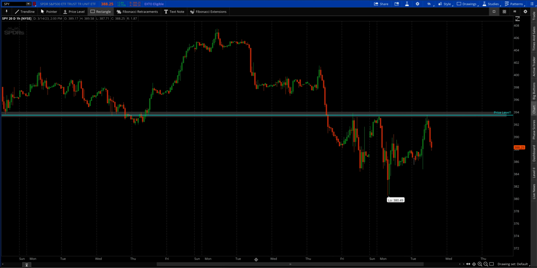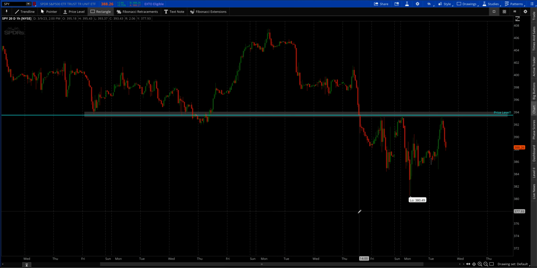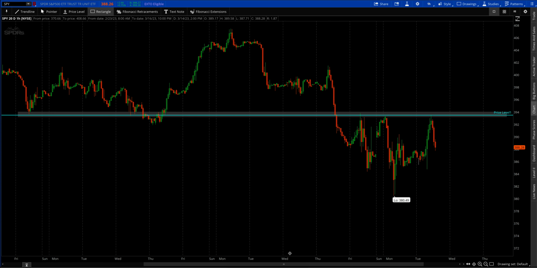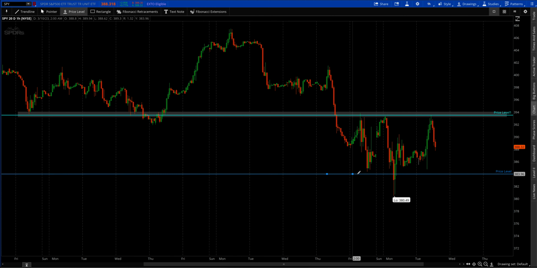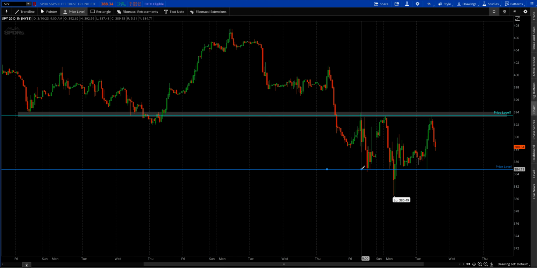As far as demand areas and support, I see a few bottoms here. We've got a pivot here, bounced here, another one here, and then this wick came into here. So I'm looking at that as our support right now. And right there it has somewhat of what we call an inverse head and shoulders.